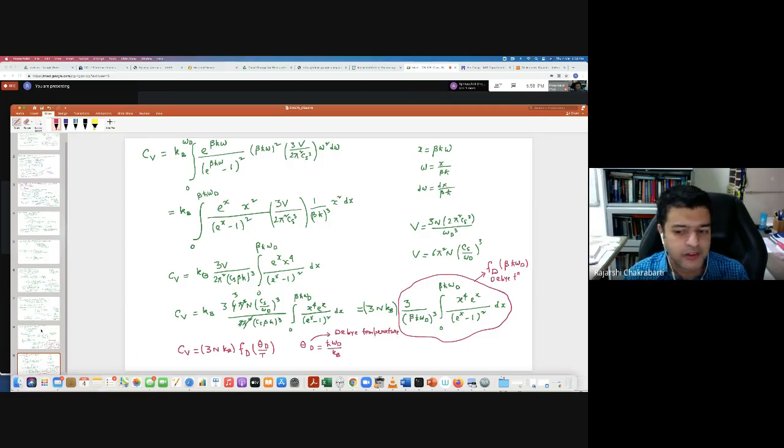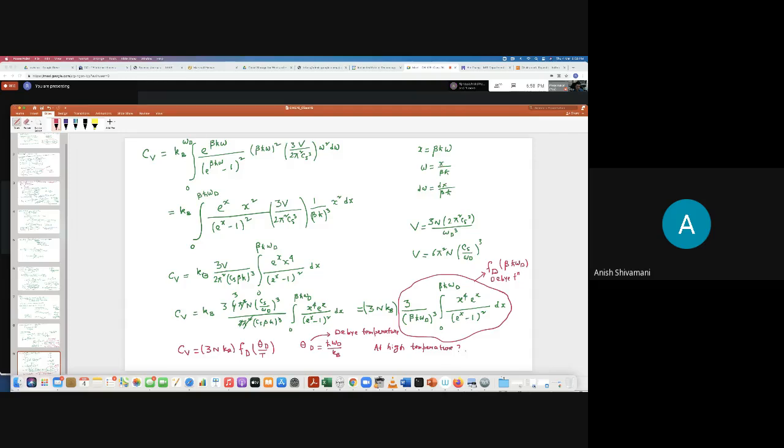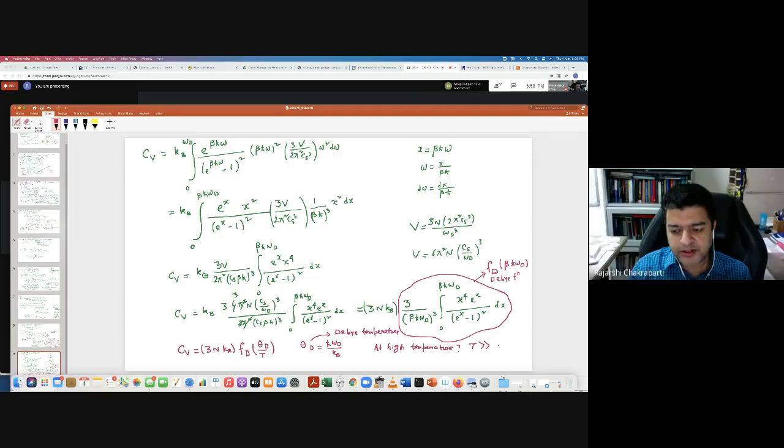CV is this. So now can you tell me what will happen to this at high temperature? I'll just do high temperature only today. T is very large, no? Like T goes to infinity. What will happen?